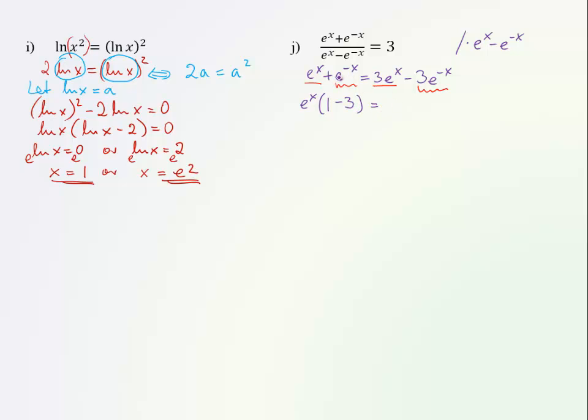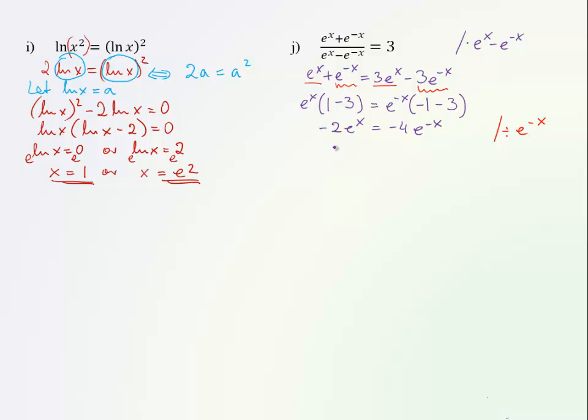Now, if we bring the e to the negative x to the other side and factor it, we have negative 1 and negative 3. So altogether we really have negative 2 e to the x equals negative 4 e to the negative x. Now what we could do is divide the whole equation by e to the negative x.